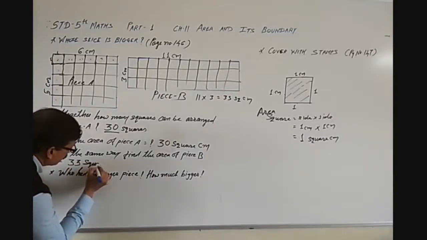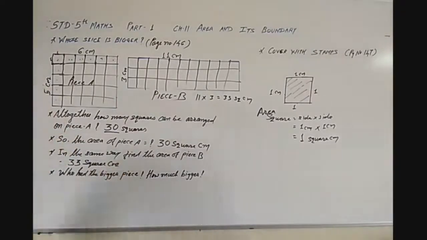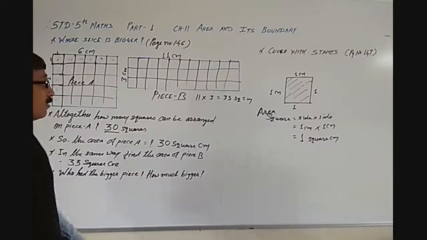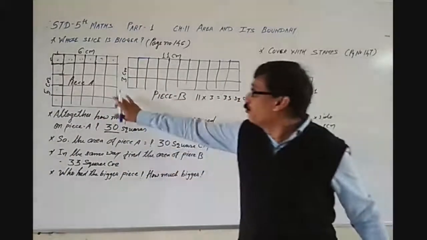square centimeter. 33 square centimeter. So who had the bigger piece? How much bigger? Now, see, actually, Parth and Dini bought these two pieces.